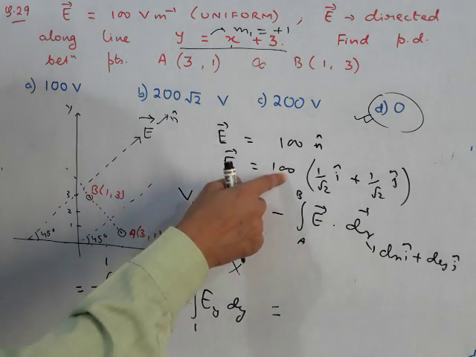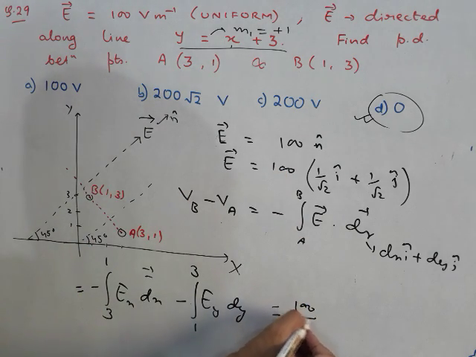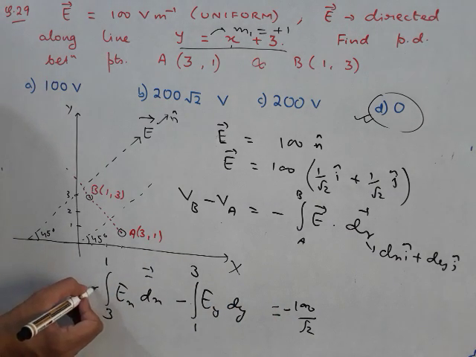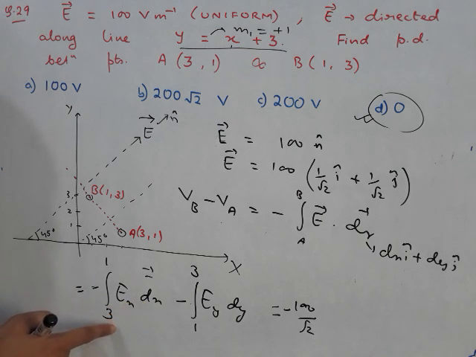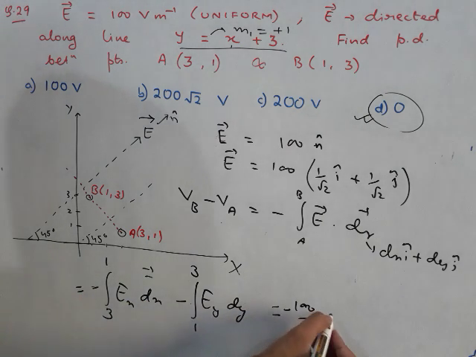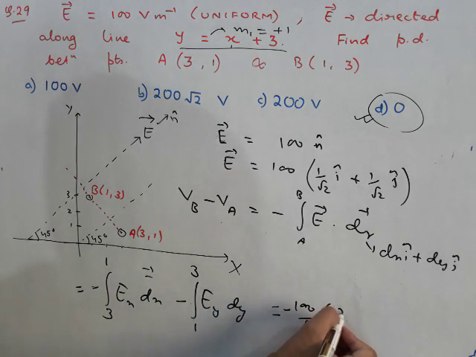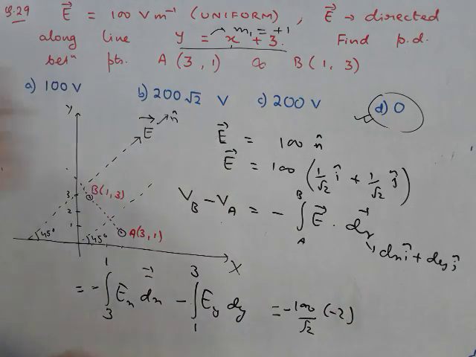Now Ex dx. What is Ex? Ex is how much? 100 upon root 2. This negative sign, so minus sign. The Ex will come out. Now integration dx is nothing but x, and then we have from 3 to 1. So this will become how much? 1 minus 3, that is minus 2. So I am writing here minus 2. Likewise the second term minus Ey.